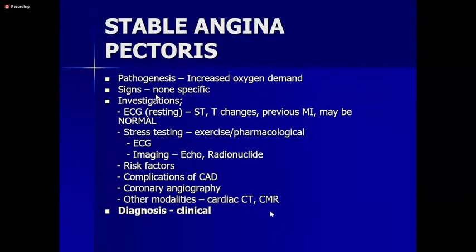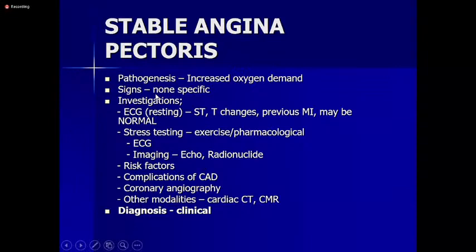So I was talking about coronary angiography being the gold standard for demonstrating coronary anatomy. But in the scheme of current management, we don't always have to do it. We only do it in patients in whom we are going to intervene in the coronary arteries, and we'll mention that in the next slide or so when we talk about treatment.